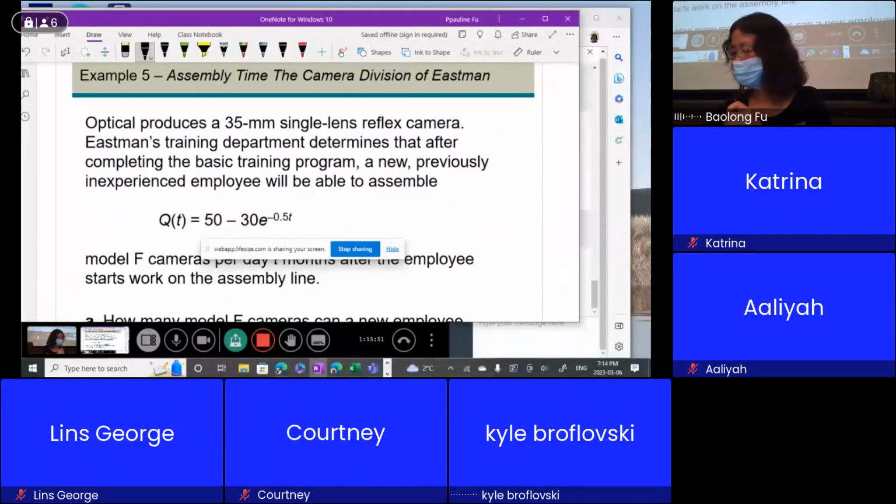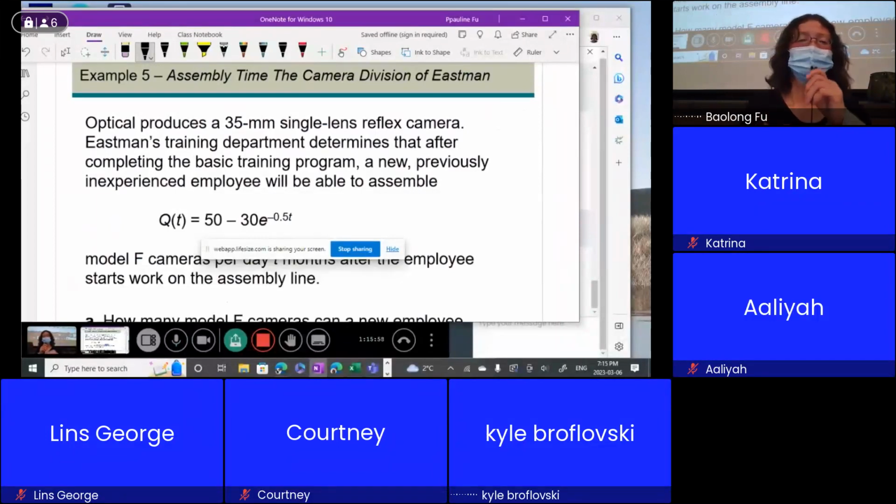Example. Optical produces 35 single-lens reflex cameras.